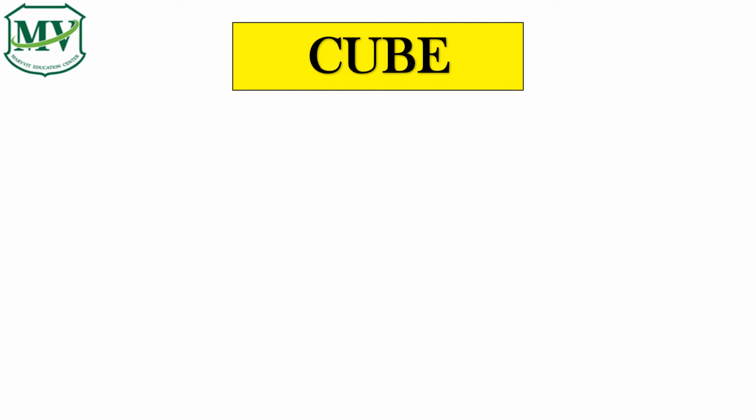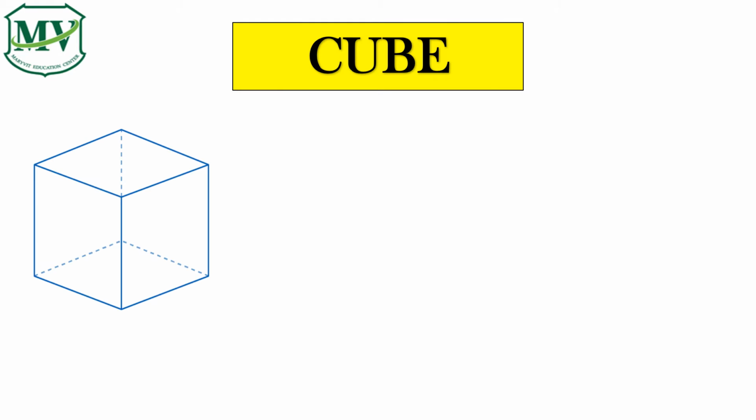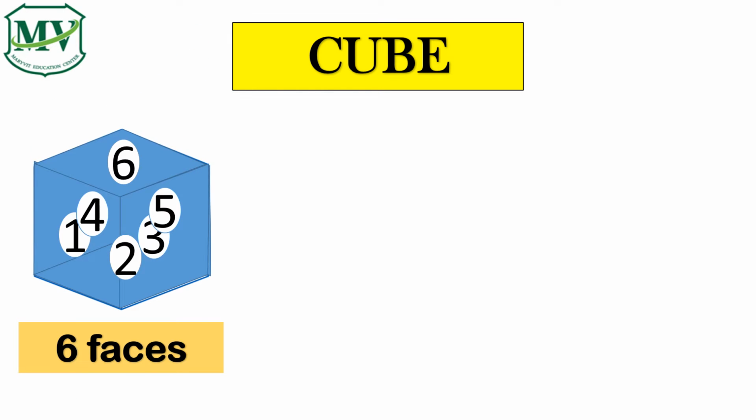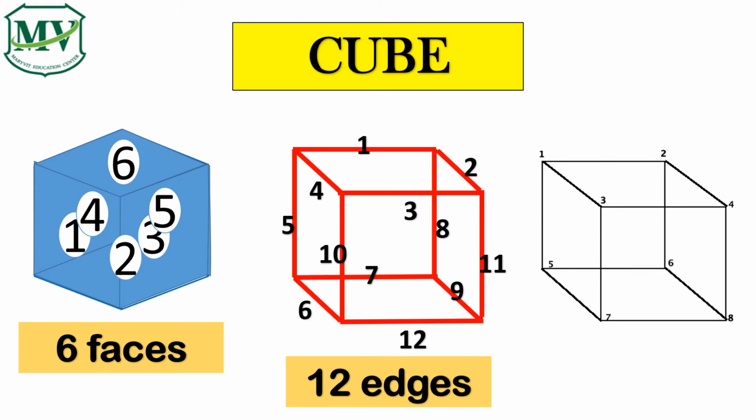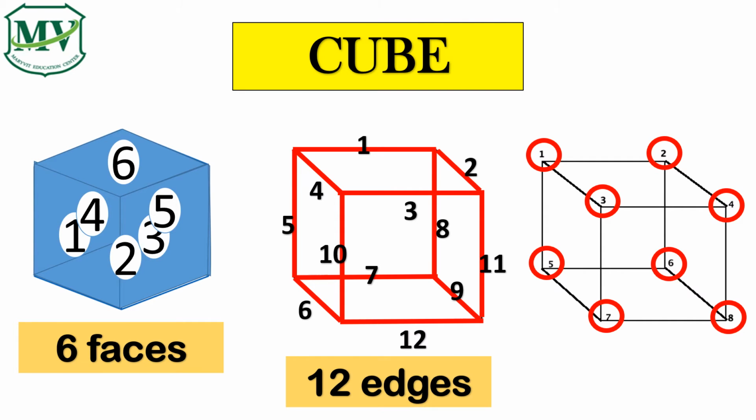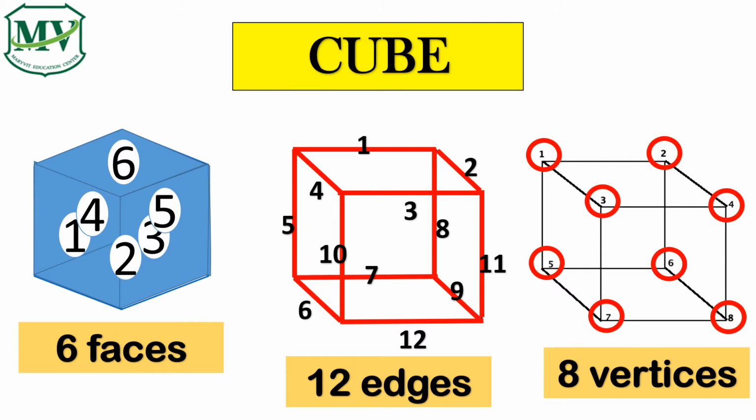A cube is a three-dimensional shape with 6 square faces, 12 edges, 8 corners, or 8 vertices. Can you name some objects that are cubes?